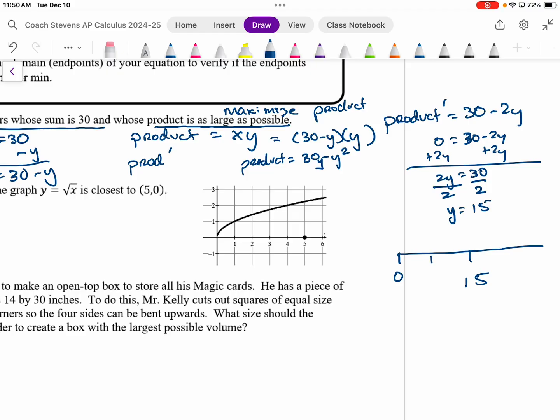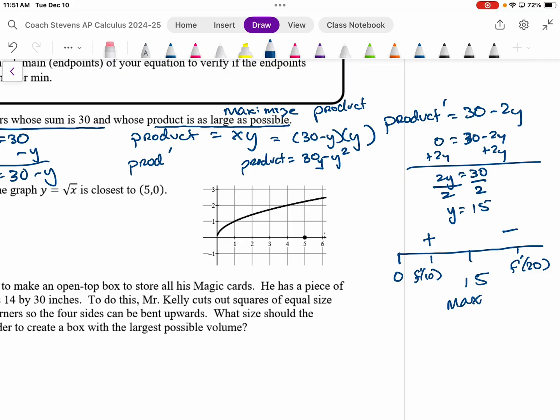So if I choose, let's say 10, what is f prime of 10 and what is f prime of 20? Let's test to see where it is positive and negative, and does this represent a max or a min. If I put 10 into the derivative, 30 minus 20 would be 10, so that side is positive. On the other side, we put 20 in, we get 30 minus 40, which is negative, so that is a max.